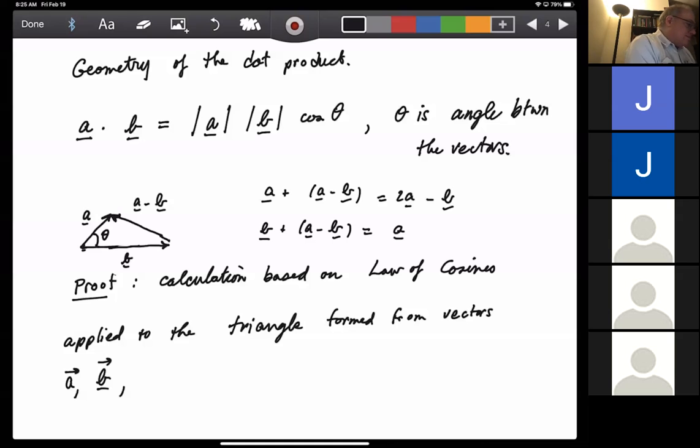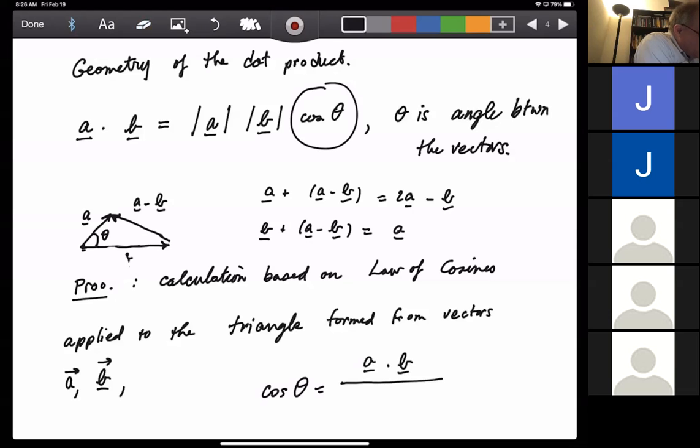I don't want to go through the calculation here, but the point is that the dot product gets your hands on this information about the geometry of the two vectors. So you could manipulate that equation to get that cosine theta is A dotted with B divided by the product of the lengths of the vectors.